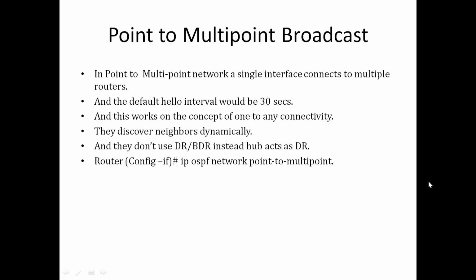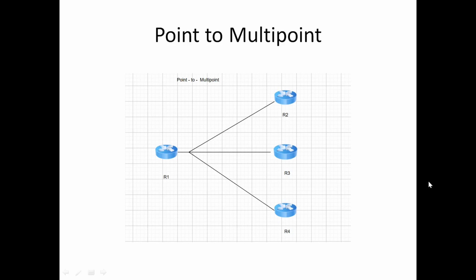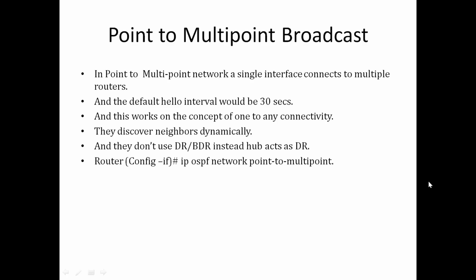Instead, the hub acts as a DR. If you see this diagram, R1 acts as a hub and R2, R3, R4 act as spokes. So there is no need of DR or BDR election. The example media here is frame relay with sub-interfaces. The command to configure is ip ospf network point-to-multipoint.